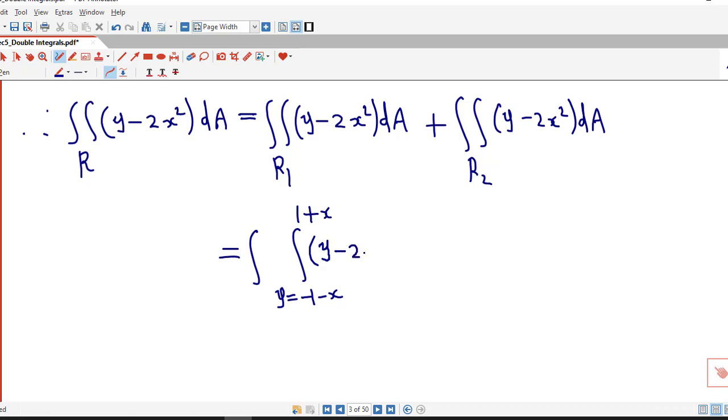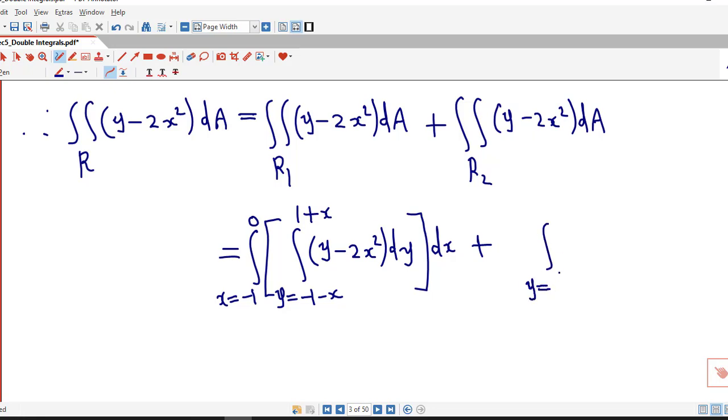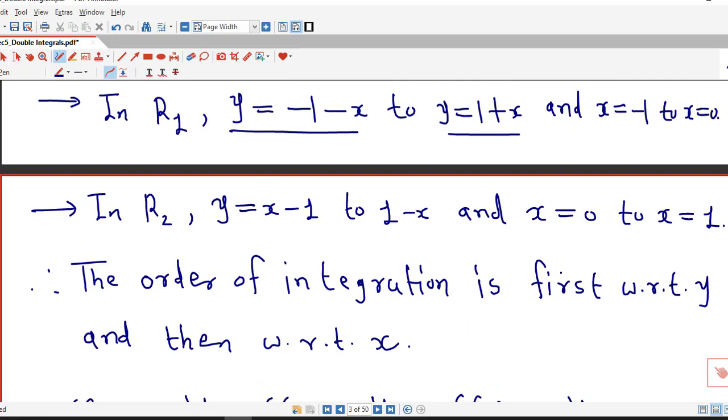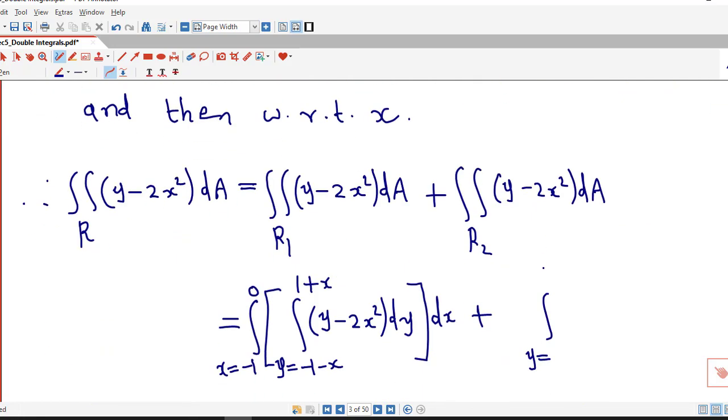First integration is with respect to y, considering x as constant, and then the second integral is with respect to x from x equal to minus 1 to 0. Similarly, in R2, limits of y are from x minus 1 to 1 minus x.